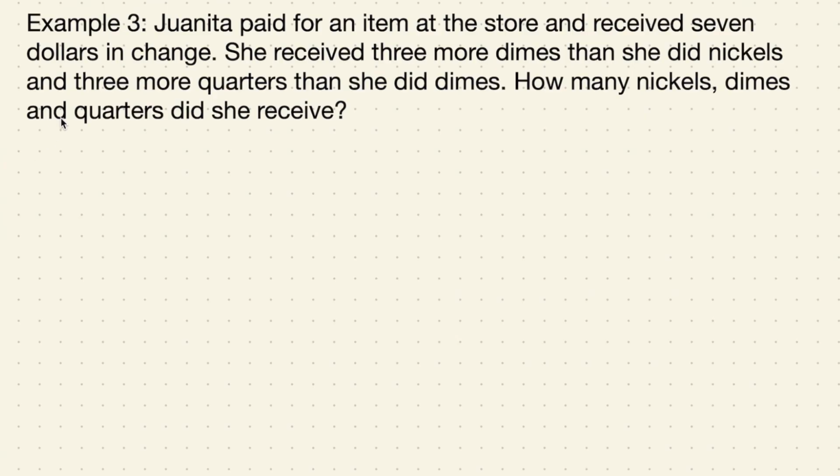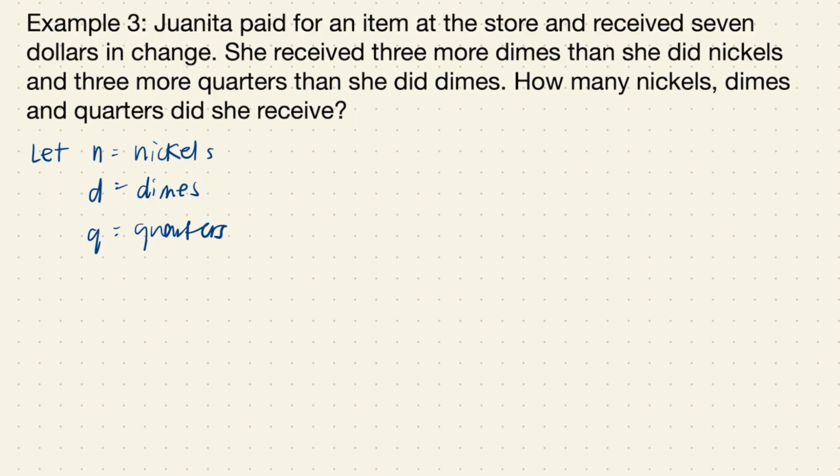So first, we define our variables. We let n be the number of nickels, and then d as the number of dimes, and then q as the number of quarters.